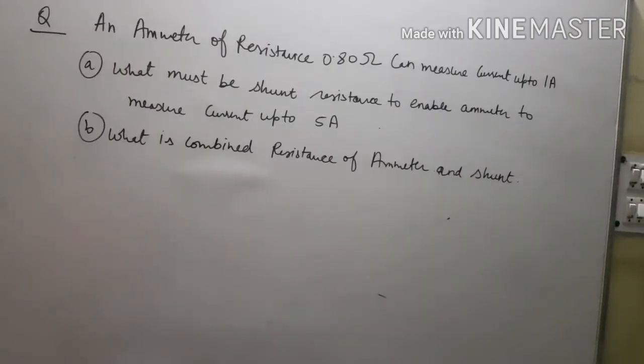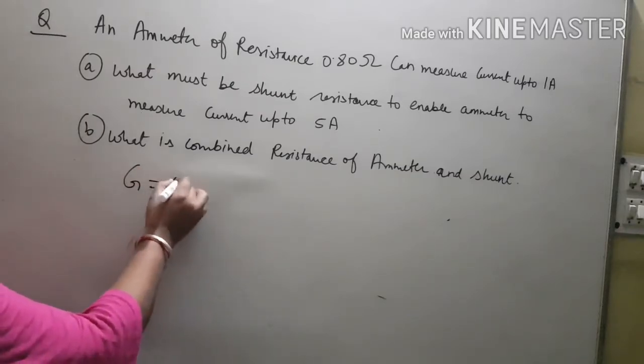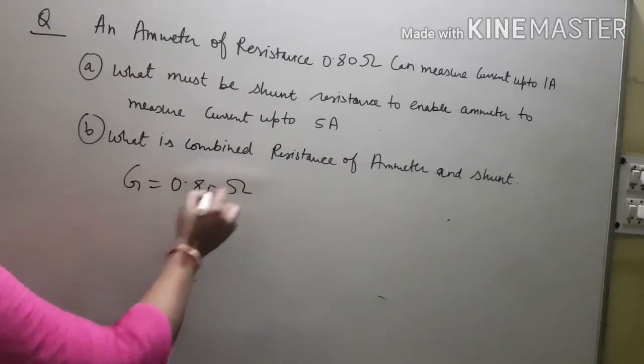Now, a question related to ammeter: an ammeter of resistance 0.8 ohm. Ammeter means it is a low resistance galvanometer. So the galvanometer resistance is given, that is 0.8 ohm.